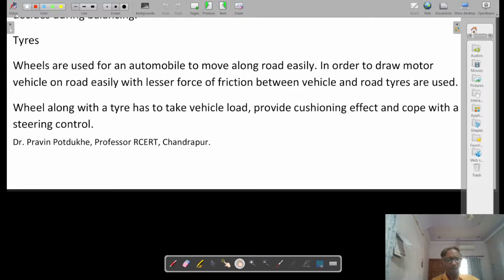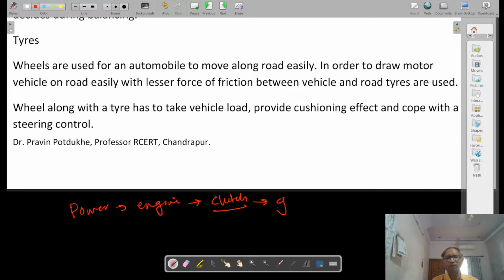Basically, we know that you produce power at the engine. This power is transmitted via the clutch to the gearbox first.